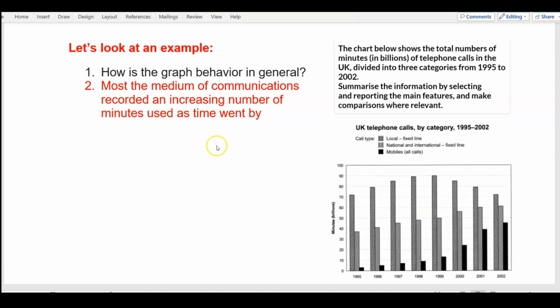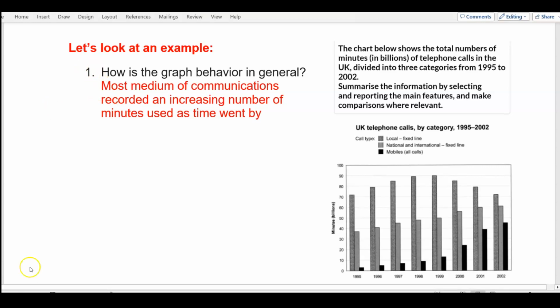So most media of communication recorded an increasing number of minutes used as time went by. So that is the total behavior of this particular graph.